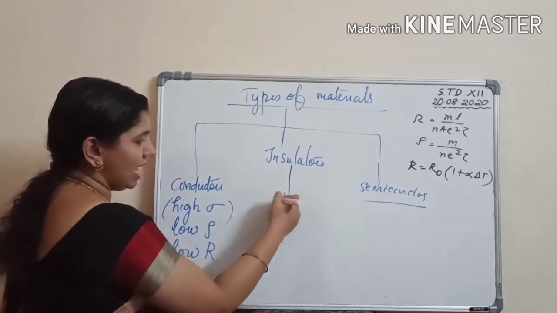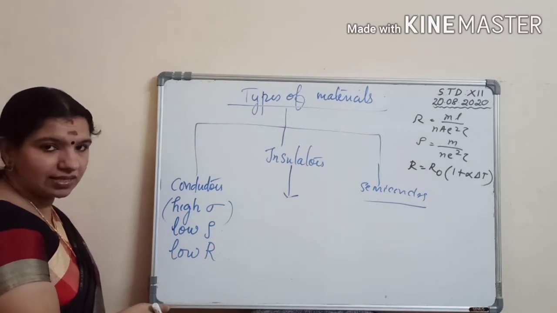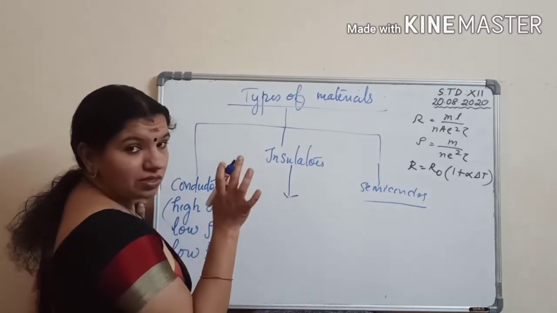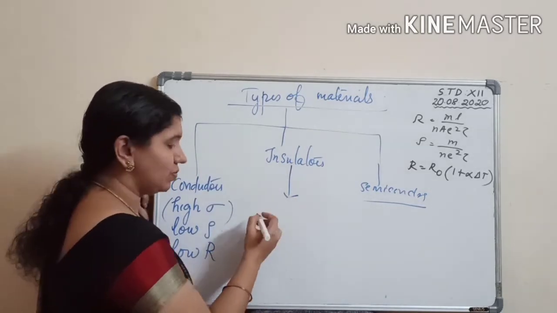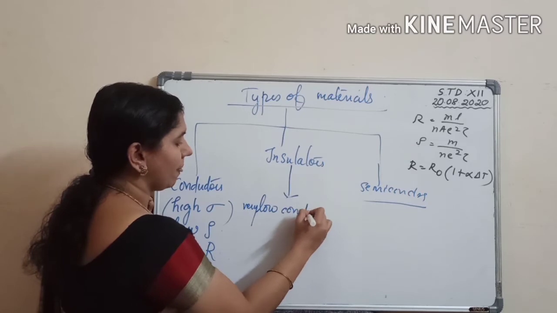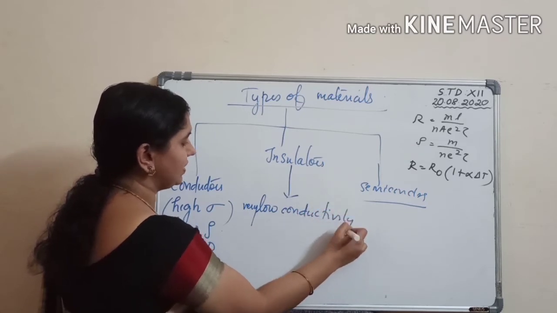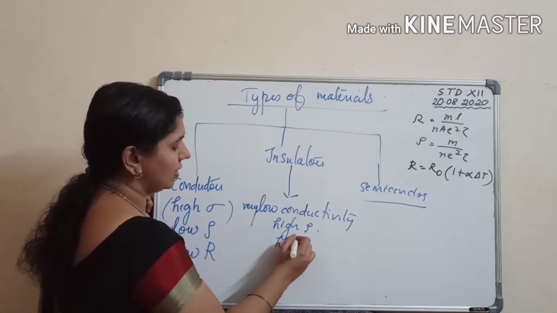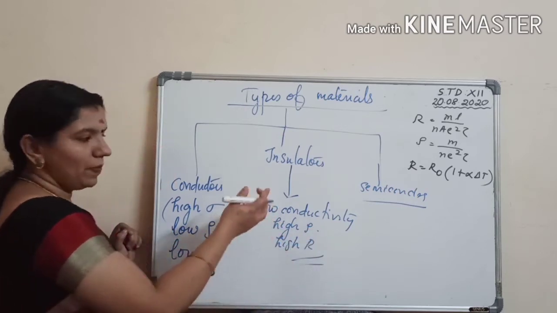All the metals are examples of conductors. Now for insulators, you can express in terms of conductivity: very low conductivity, then high resistivity and high resistance. These are the properties of insulators.